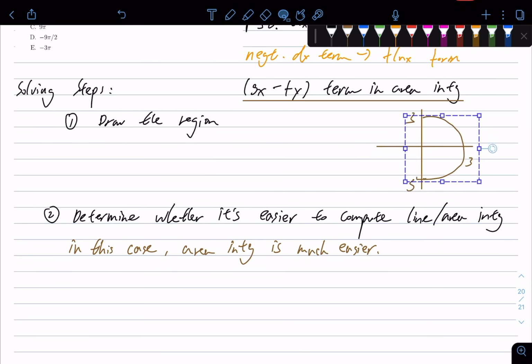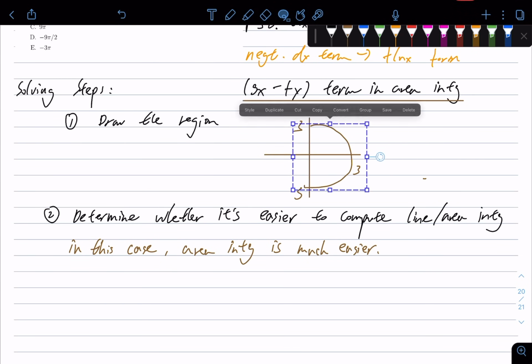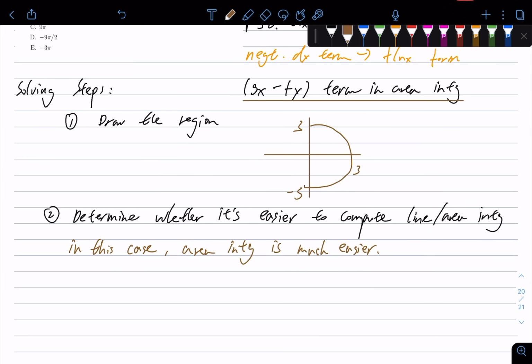So let's go ahead and analyze this graph. To complete this bounded curve, we're going to have 2 separate lines or curves, that means 2 parameterizations, 2 line integrals.